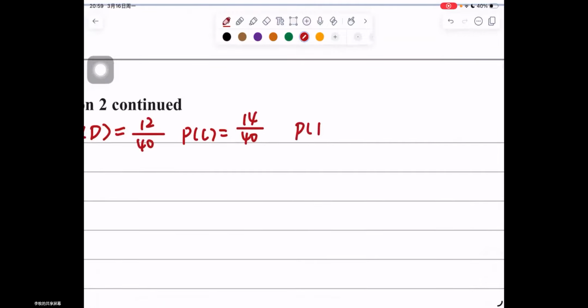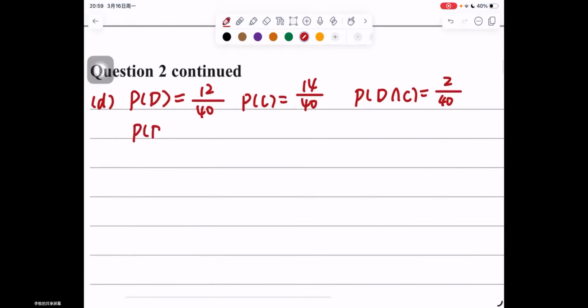And the probability of D and C is 2/40. Now, the probability of D times the probability of C is equal to, doing the math, we get 21/200.